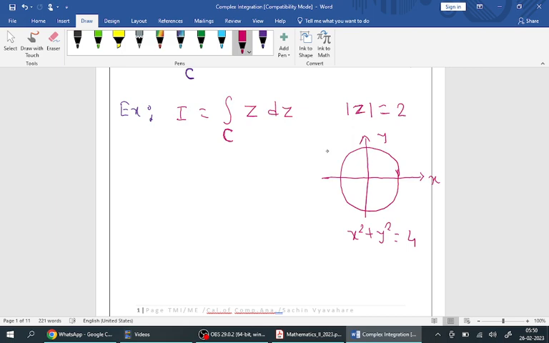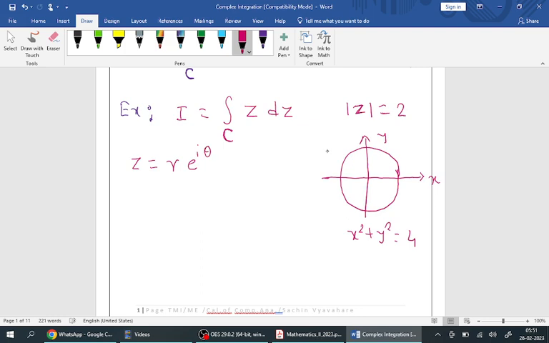We already know z is x plus iy, which is the Cartesian form, but we also know the equivalent exponential form. That x plus iy can be written as r times cos theta plus i sin theta, and we can replace z by r times e raised to i theta, because this is the exponential form of the complex number.